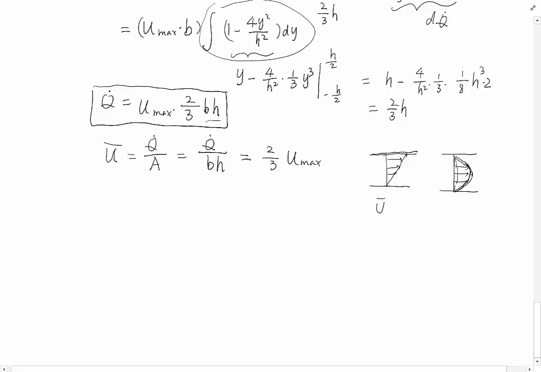So the average here is half of the U max, but average here is 2/3 of Umax. If we figure this average velocity as half of the Umax, then something may be wrong.